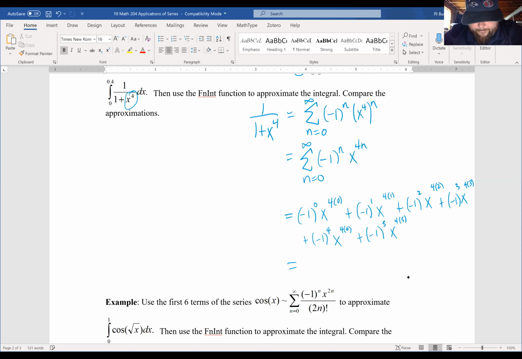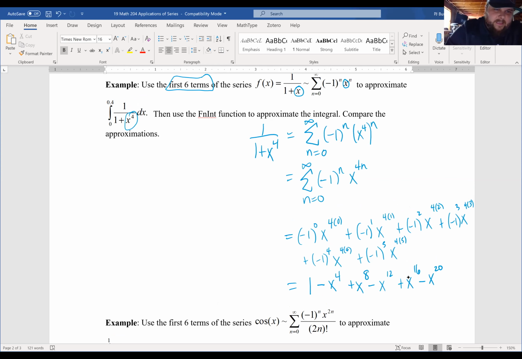So simplify that. This first term is going to be 1. And we're going to get minus x to the 4th plus x to the 8th minus x to the 12th plus x to the 16th minus x to the 20th. So that is the first 6 terms of the power series expansion of 1 over 1 plus x to the 4th. I would then plug that into the integral.